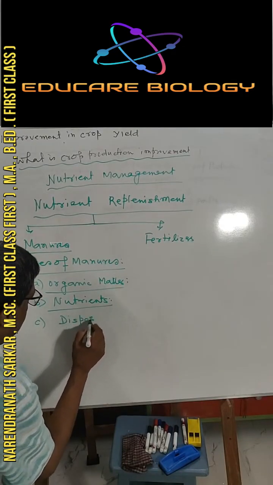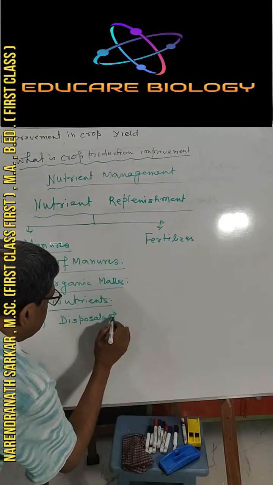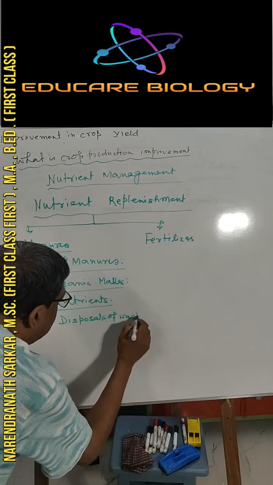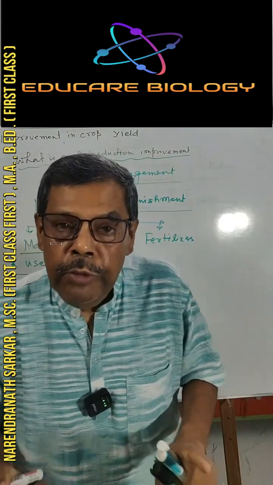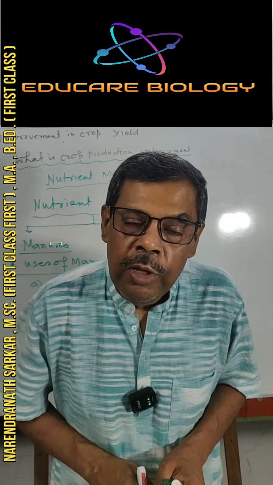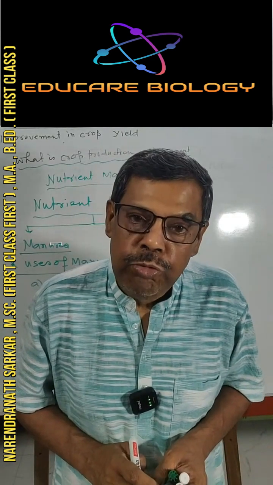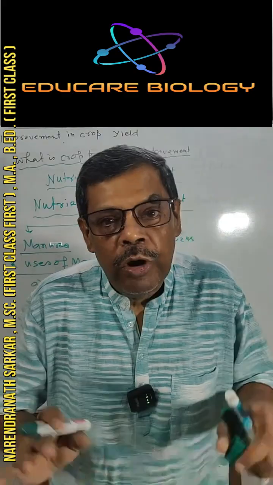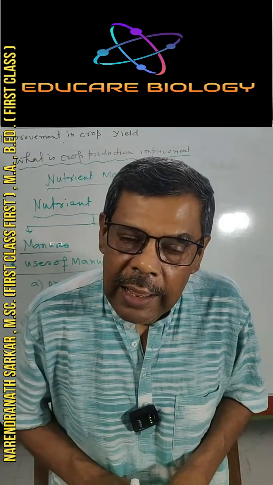Next, C, disposal of waste. Manures are produced from the waste products. So, by the manufacturing of manures, wastes are disposed of from the world.